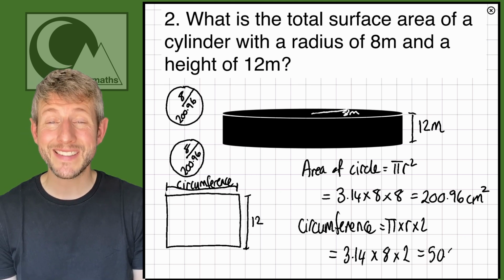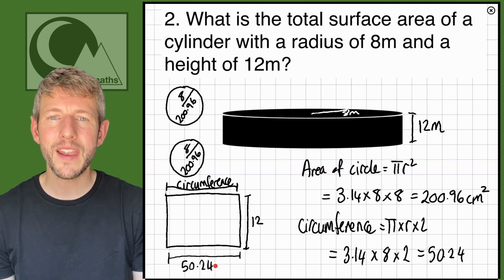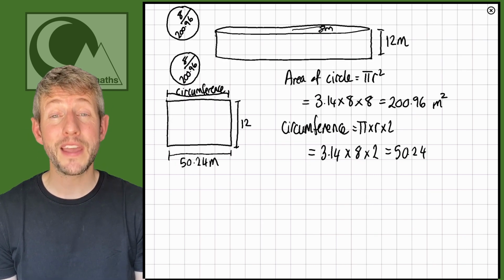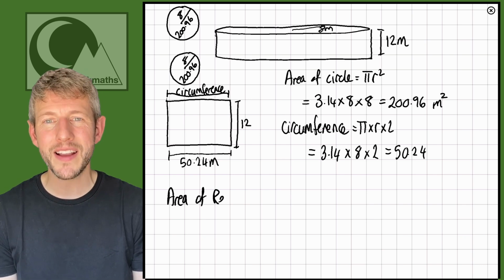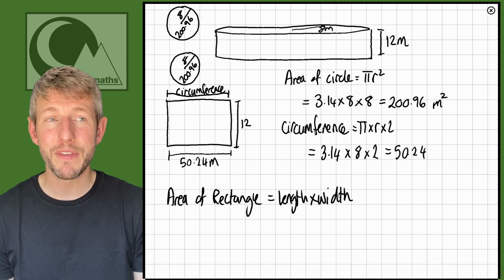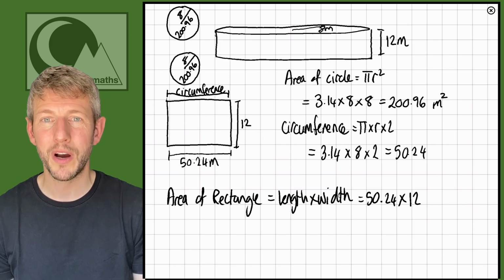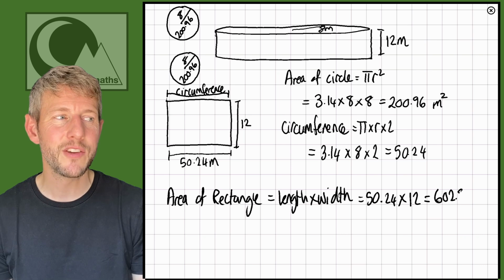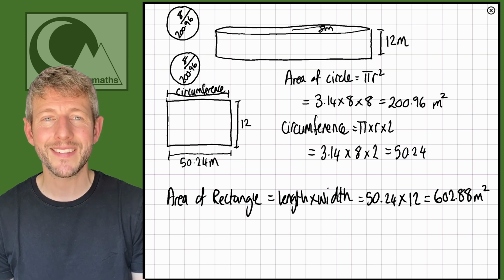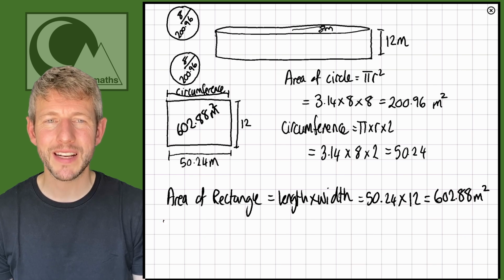So I know that this length is 50.24 meters, because it's a length. And now I'm going to multiply this by the other length, which is given to us by the height of the cylinder. So that is 12 meters. So the area of this rectangle will be 50.24 times 12, which equals 602.88 meters squared. Okay, so I'm going to write that inside the rectangle.